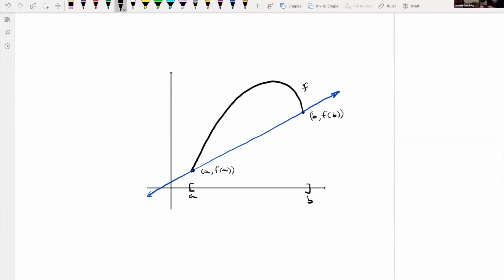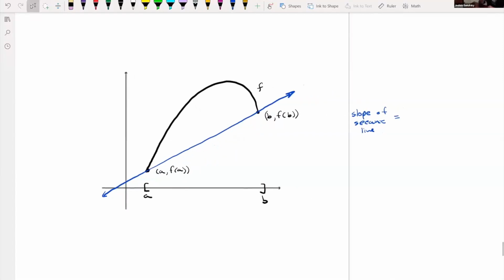Okay, who can tell me how to find the slope of that secant line? Anybody want to speak up? Tell me how to find the slope of the secant line. Just think elementary algebra. Okay, Hansel has it, but let's use proper notation. What are we going to get here? Difference of the y's over the difference in the x's, right?